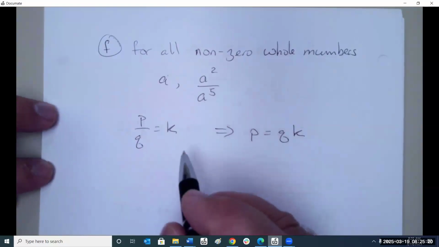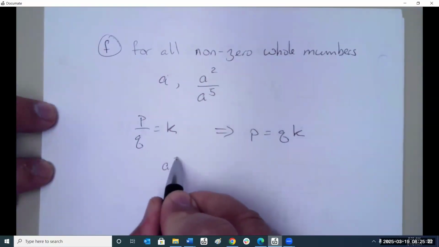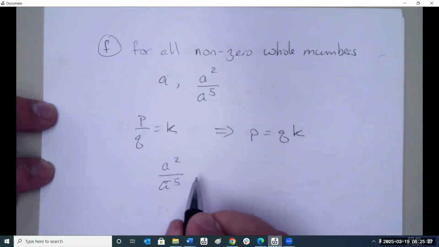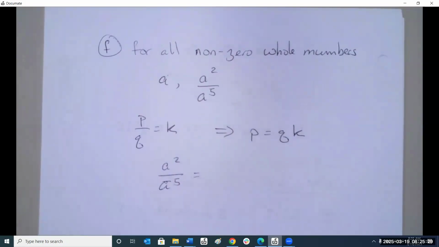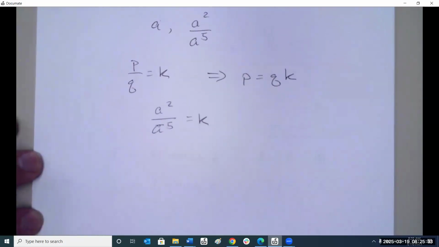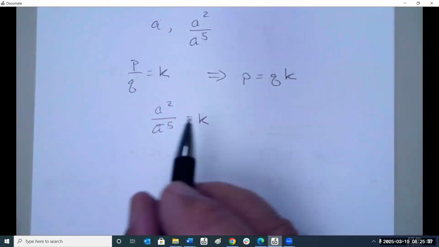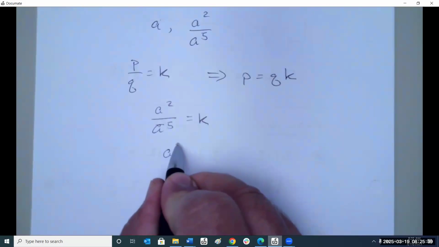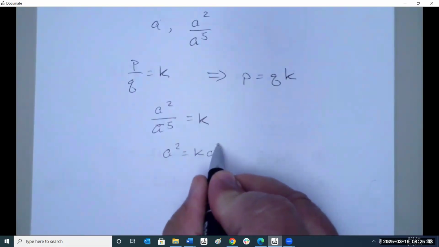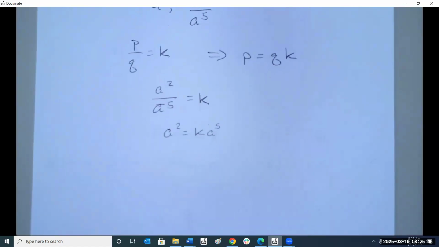So in this example, we have A squared over A to the 5th equals K. Is there a number that would work?